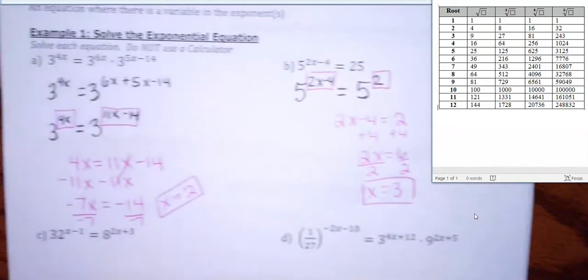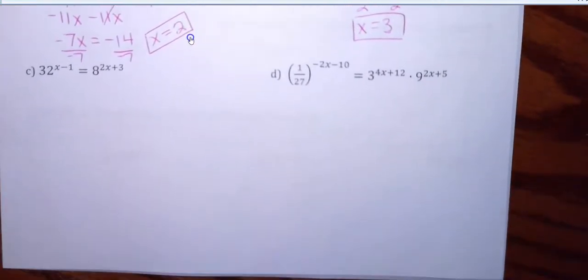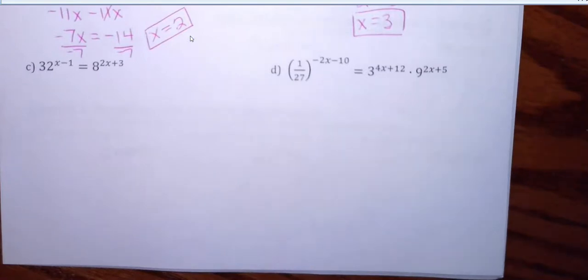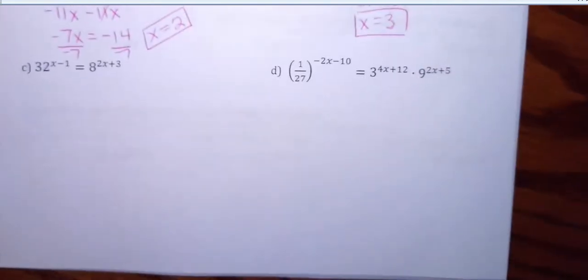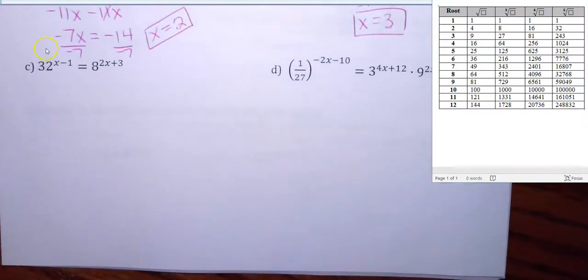All right, let's slide this up a little bit. Let me pull those back up for you. There we go. Okay, now this one, I'm dealing with 32 and I'm dealing with 8.